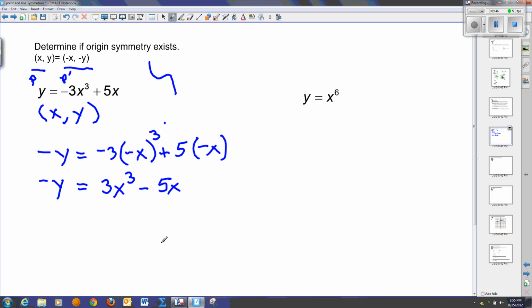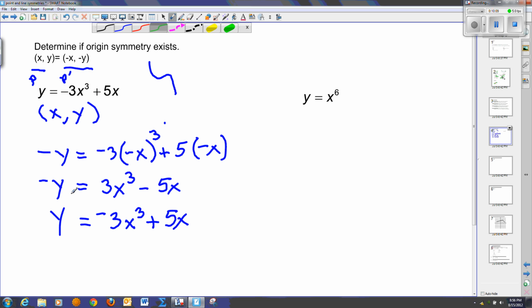Now, I notice this is a negative and this is a positive. So far, it's not looking good. I'm just going to divide both sides by a negative 1 so I get y equals. So at least I know the left side is going to look the same. I get negative 3x cubed plus 5x.